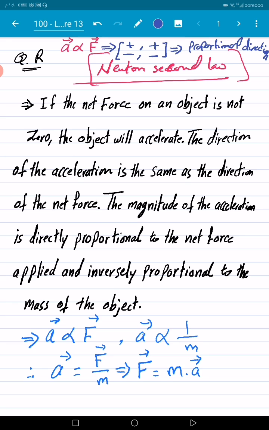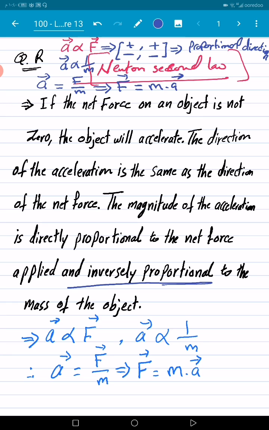And there is also a relation between the acceleration and the mass, and it is inversely proportional. So in Newton's second law, the acceleration is equal to F divided by m. From this equation we can find F is equal to ma. It is a very important law to solve many equations.